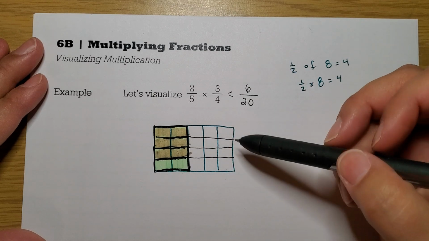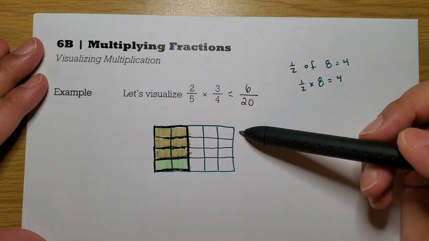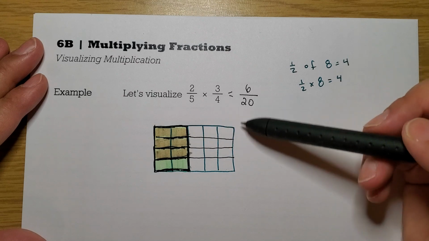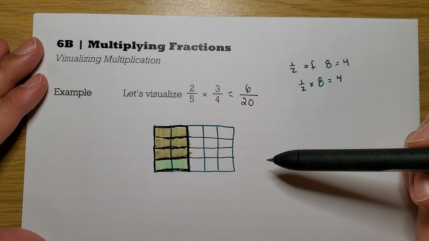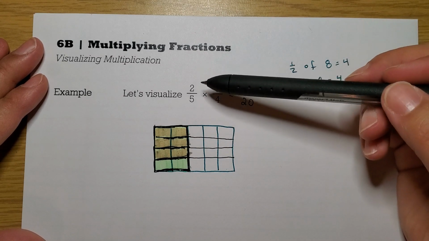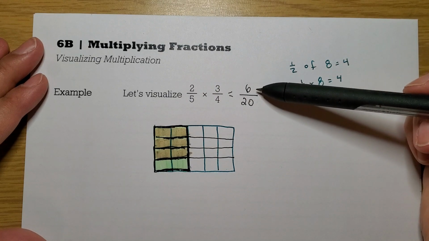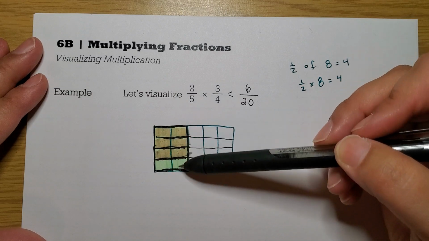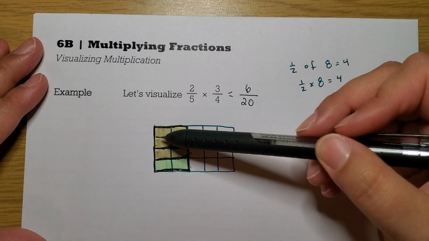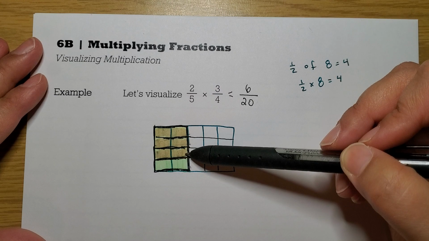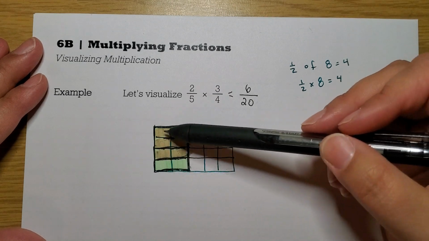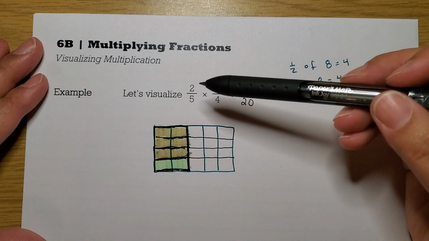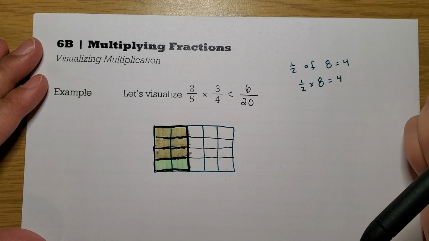So it's like we have 5 going across and 4 rows, and 5 times 4 is 20. A similar thing happens in the top. 2 times 3 is 6, because we had those 2 columns of green, and there were 3 in each of those columns because we were finding 3/4. So the top was also 2 times 3.